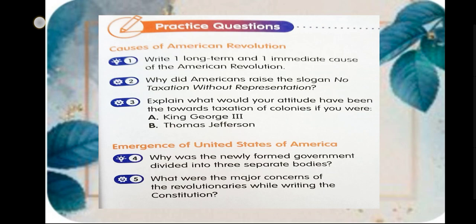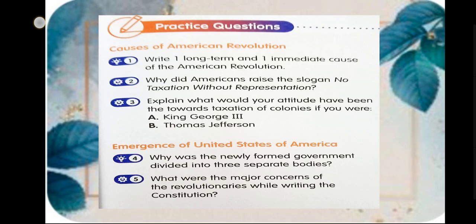When the representatives of the colonies asked the British ruler, King George III, to address their concerns, they were seen as rebels and Britain declared war. War broke out in Lexington and Concord.